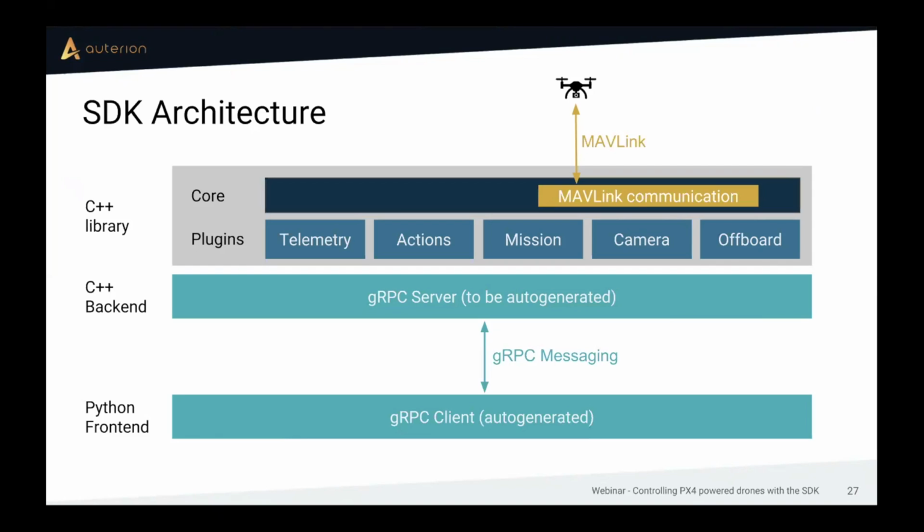And right now, the wrapper code is actually auto-generated. However, the server code is not yet auto-generated. But that's something that is planned for the future. And we call these two pieces the backend, so the server side, and the frontend, the client side.